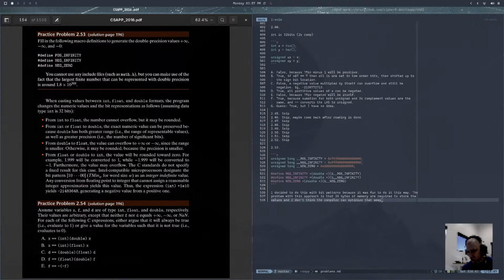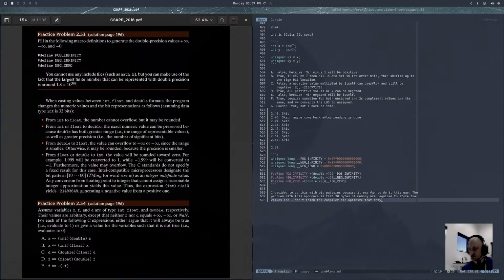From double to float, the value can overflow since the range is smaller, otherwise it may be rounded because the precision is smaller. From float or double to int, the value will be rounded towards 0. Furthermore, the value may overflow.